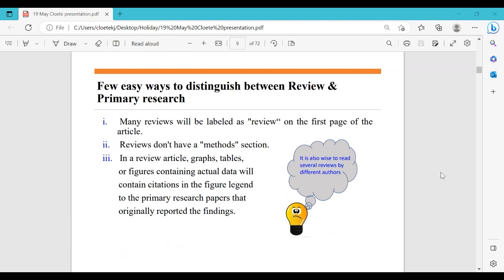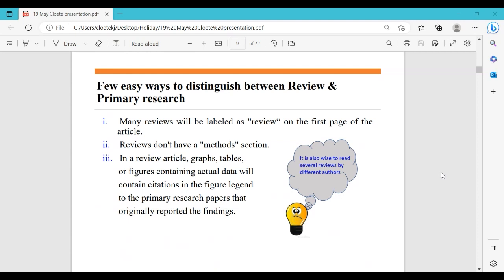In your review article, you may have graphs, tables, and figures, but these are sometimes retrieved from previous papers. But remember, very important, when you are writing a review yourself and you are including figures from articles that have already been published, one needs to get copyright clearance for using that material in your review paper.